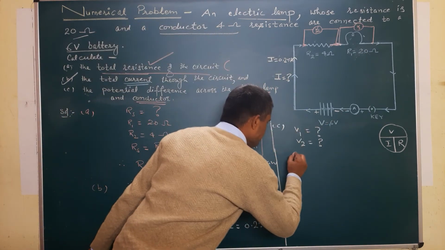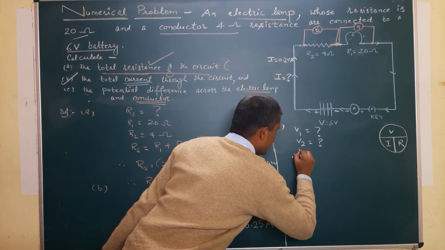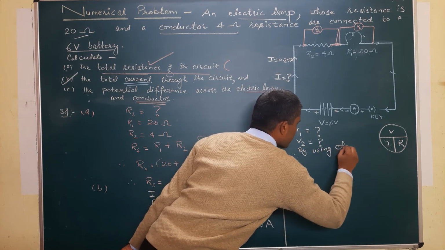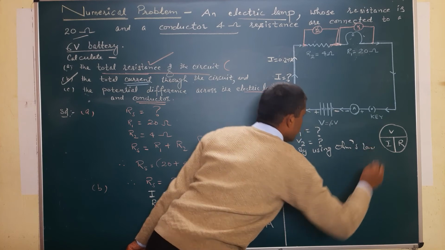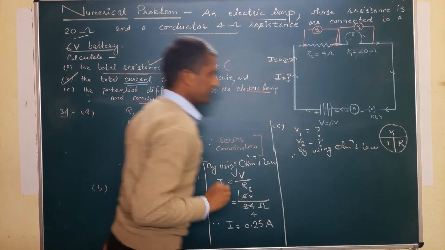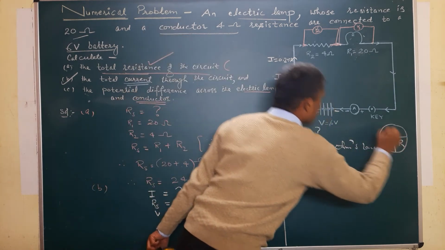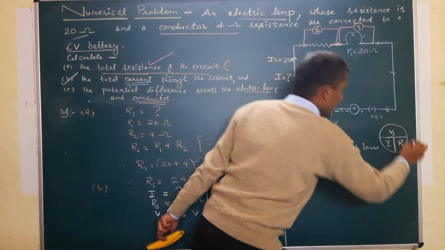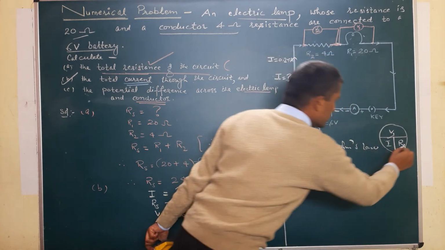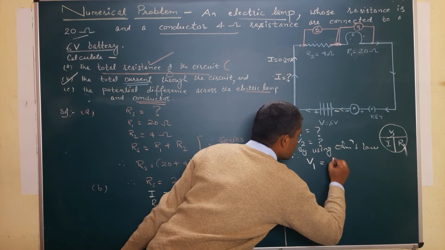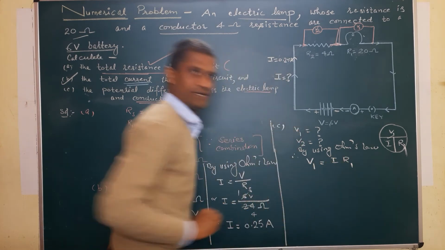By using Ohm's law, the formula is V1 is equal to IR1.